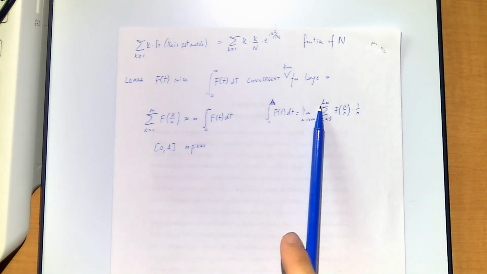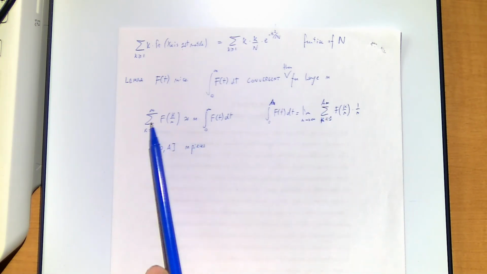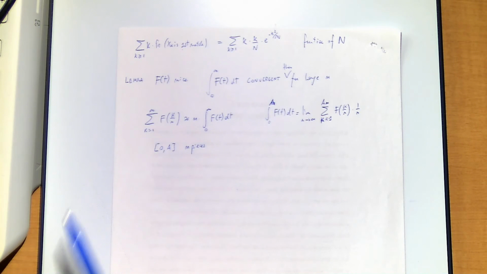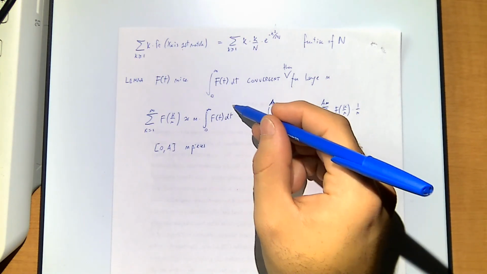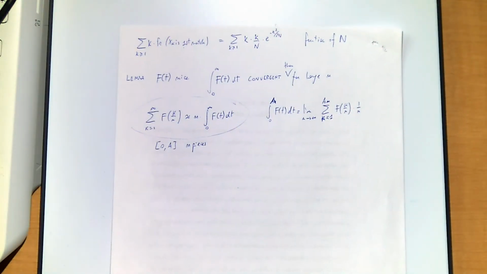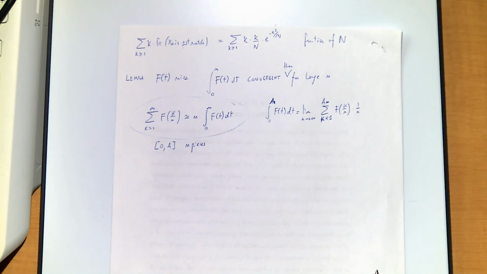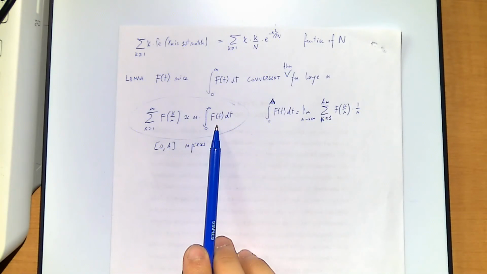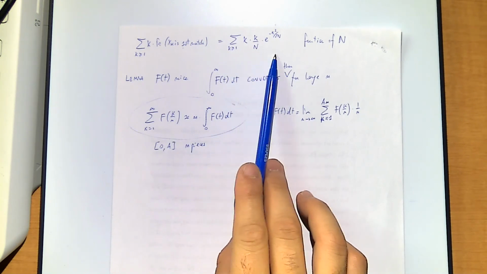Obviously a and n both go to infinity, so I get the sum to infinity here. It's a very hand-wavy idea and it can be formulated more precisely, but what you care about is this result: when n is large enough, you can approximate this sum with this integral. Now you have a sum that reminds you of that.